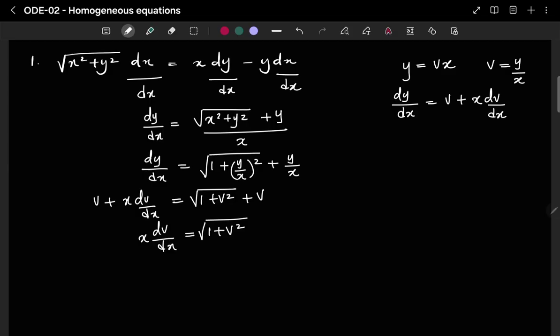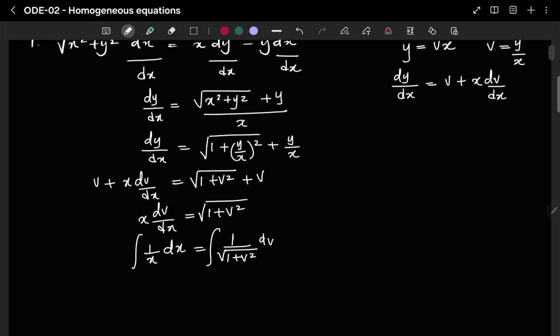Making this into a separable equation, we can take the x term to one side. So 1 over x dx equals 1 over square root of 1 plus v squared dv. Then we can do the integration since we have converted this into a separable equation.